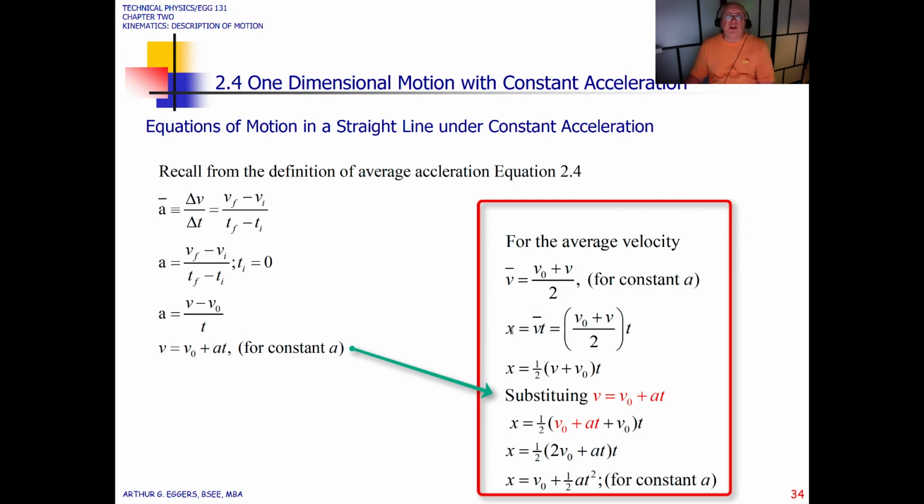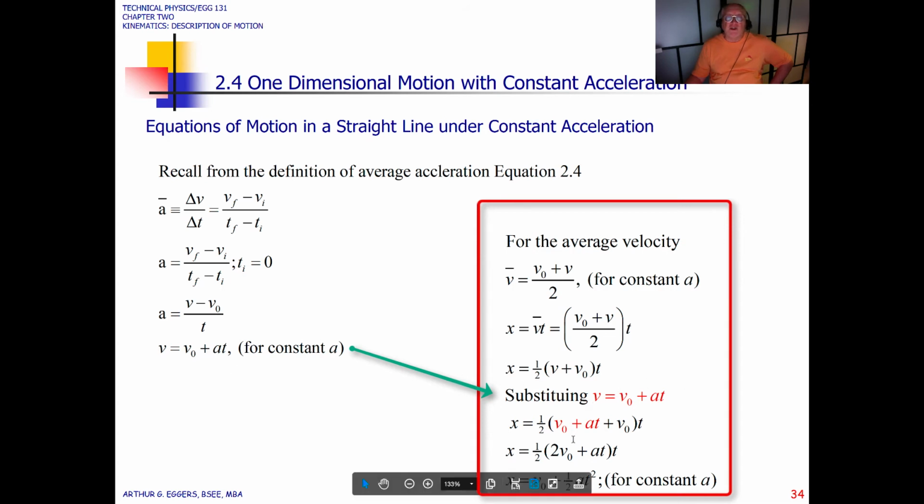In this explanation, then we can solve for x, which is equal to the average velocity times time. Well, we define the average velocity in the previous step, multiply it times time, and we can then factor out the 1/2 here, and we end up with 1/2 of velocity plus velocity naught times time. Do some substituting for velocity equals velocity naught plus at from the previous column over here.